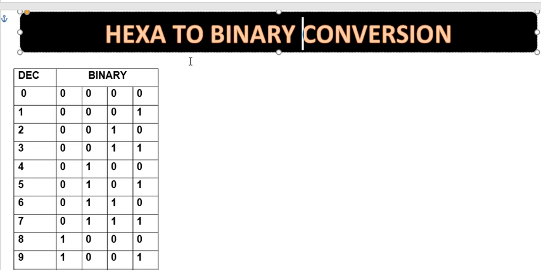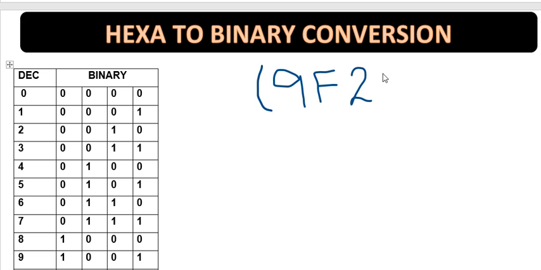Suppose the hexadecimal number is 9F2, and the base of hexadecimal is 16. Okay. So now we have to convert it into binary.